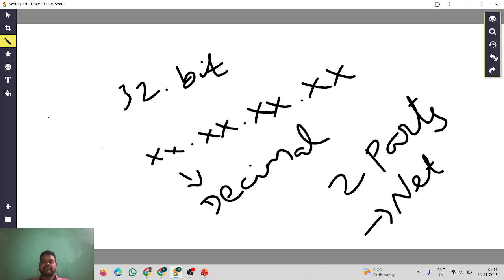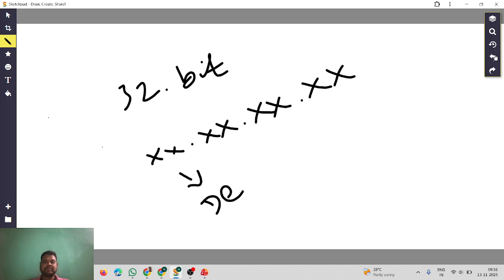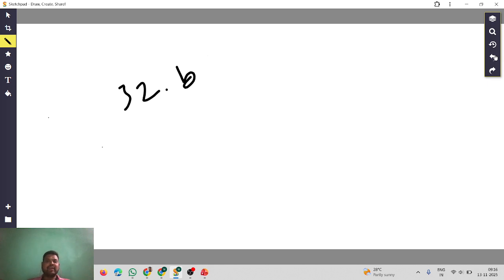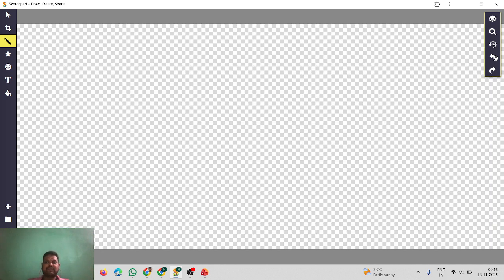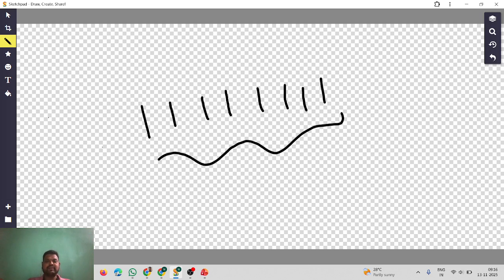For class A, the first 8 bits are always enabled, so they cannot be altered, right?